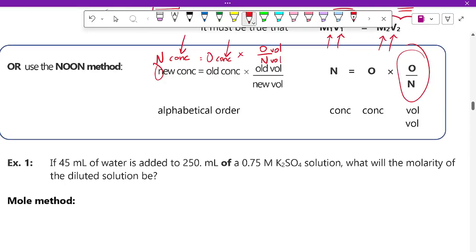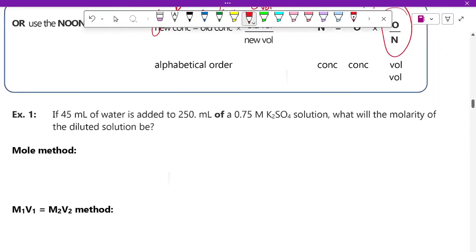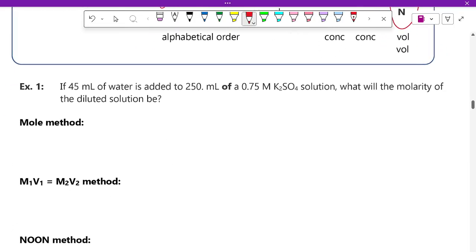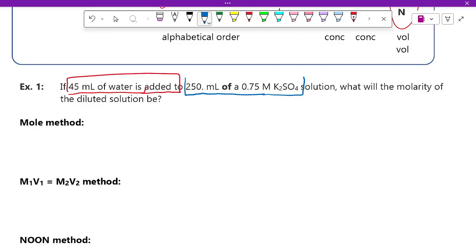So let's try solving this problem 3 different ways. If 45 milliliters of water is added to 250 milliliters of 0.75 molar, oh, look, we've got that word of.